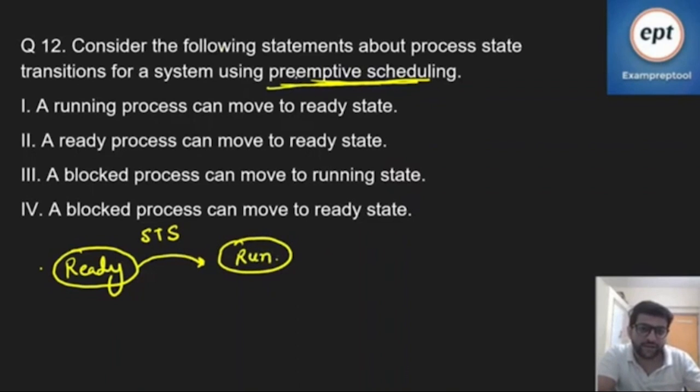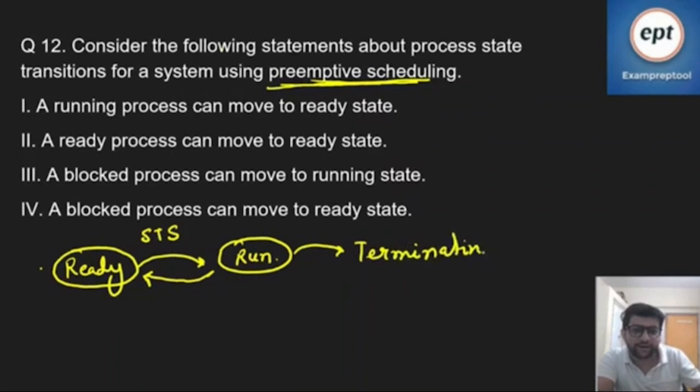Since we are using preemptive scheduling, the process can go from the running state back to the ready state again. And once the process completes its execution, it moves to the terminated state.